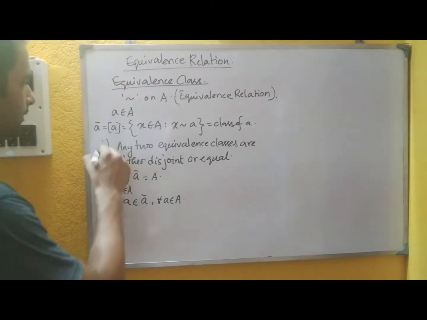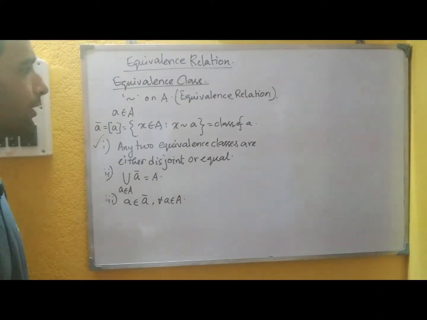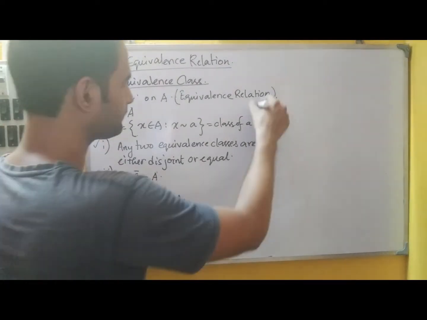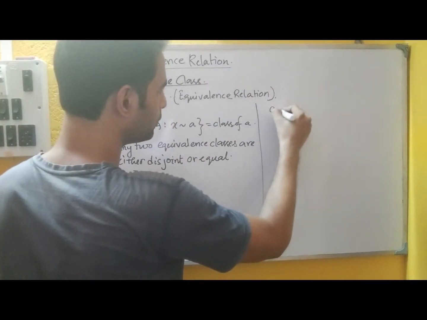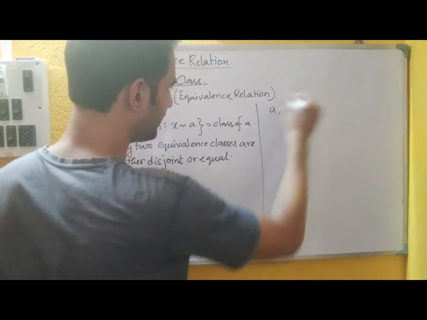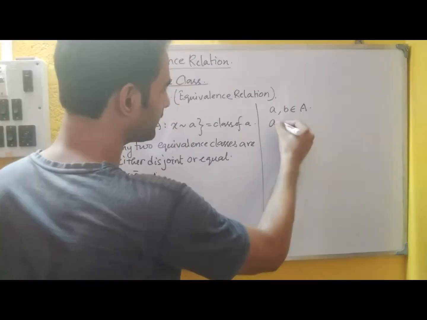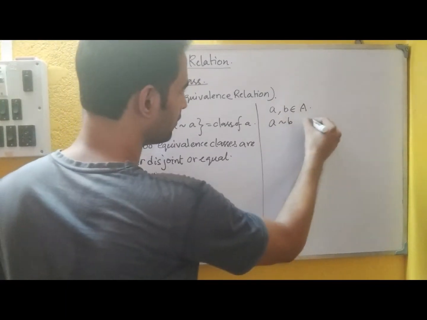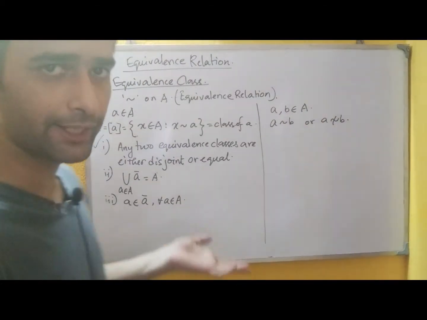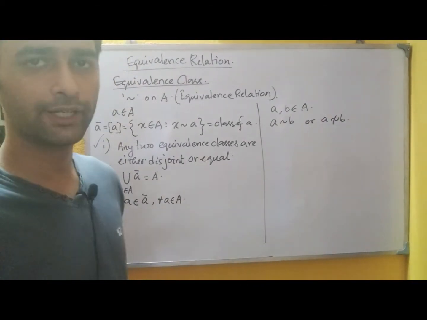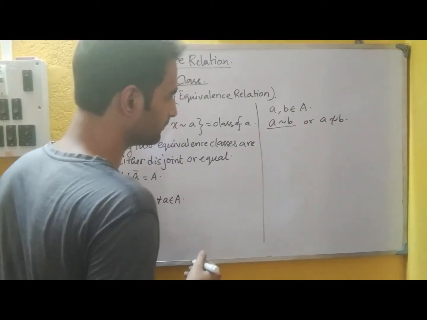So here the important thing is to prove this one, that any two equivalence classes are either disjoint or equal. So let us see how it becomes. Suppose we are taking two elements a and b from the set A. So two things can happen, that either a tilde b or a not tilde b. Means they may be related to each other or they may not be related to each other. So what happens if a tilde b?